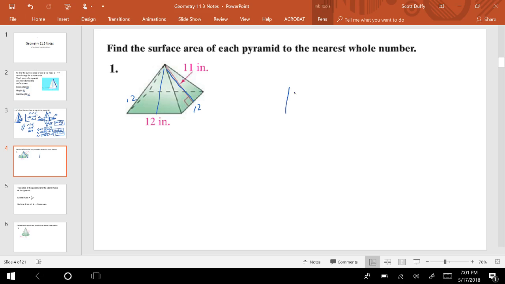So we know what the net looks like. It is 12 by 12. So that means that all of these triangles have a base of 12. And then they also gave us the slant height, which is 11. And that slant height is also the height of the actual triangle when it is folded down.